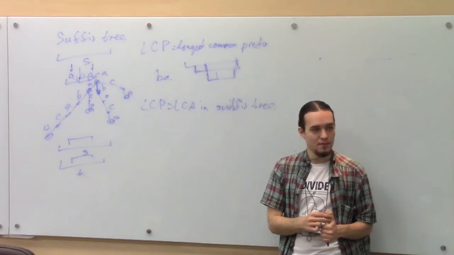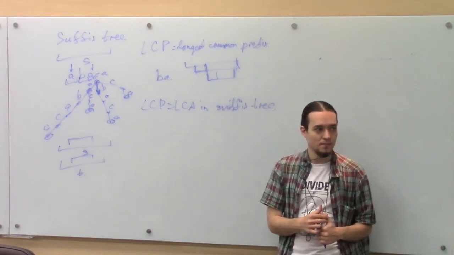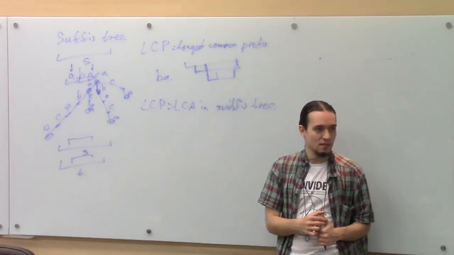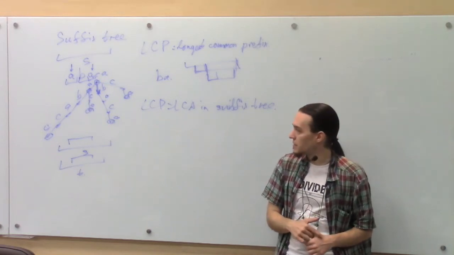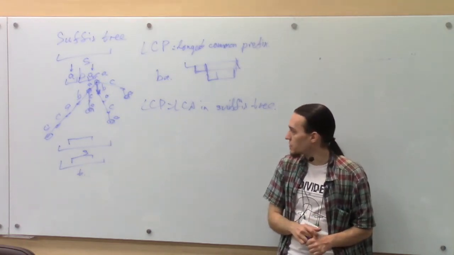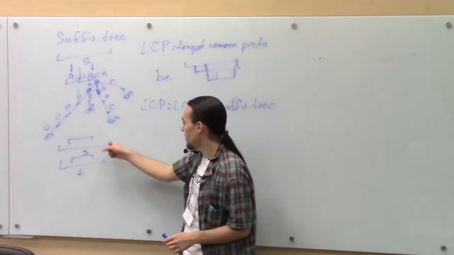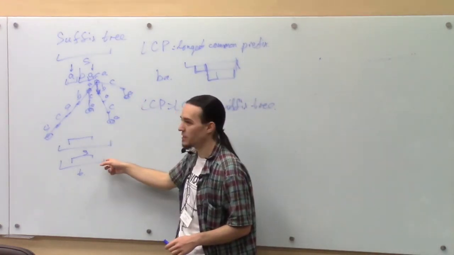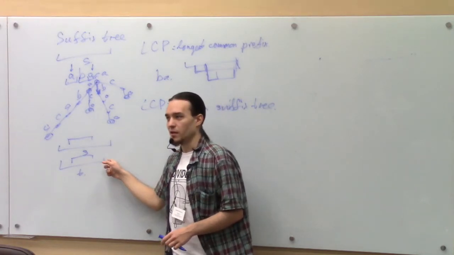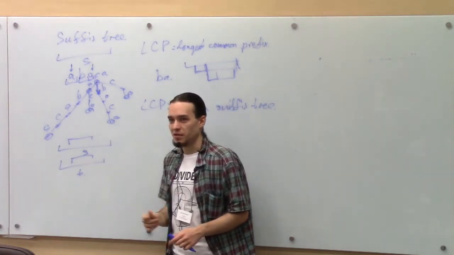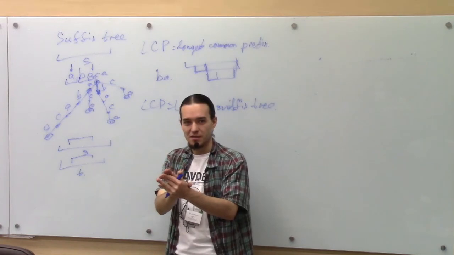So yes, basically it's the lowest node that happens in both trees. If we construct the suffix tree of S and the suffix tree of T, one way we can think about it is we intersect these trees, right?